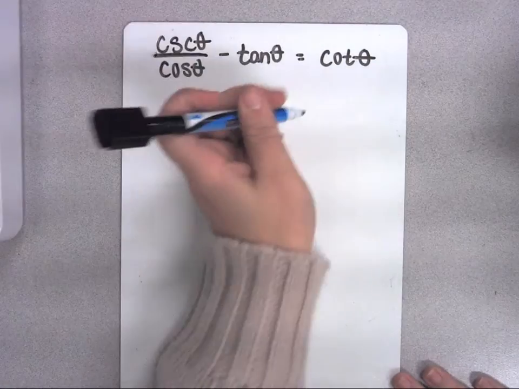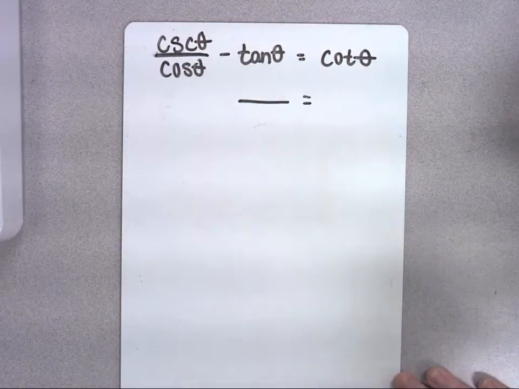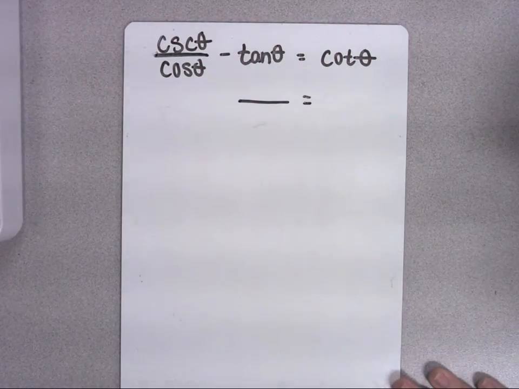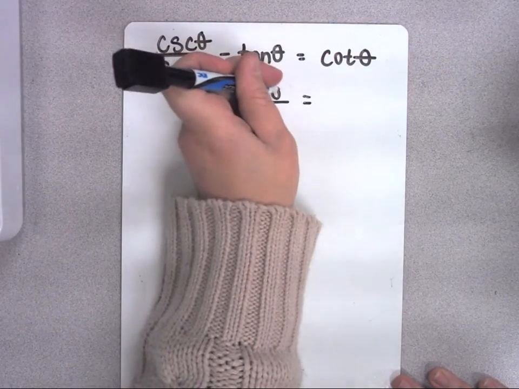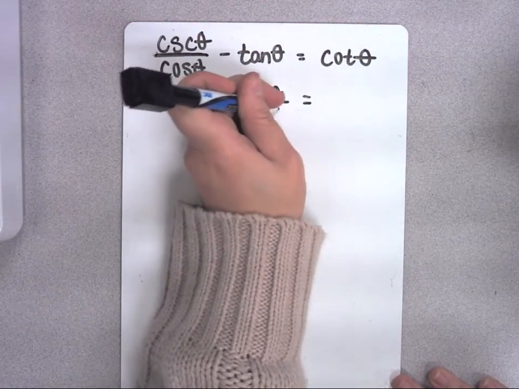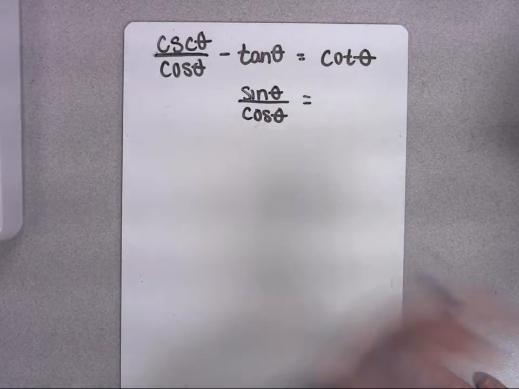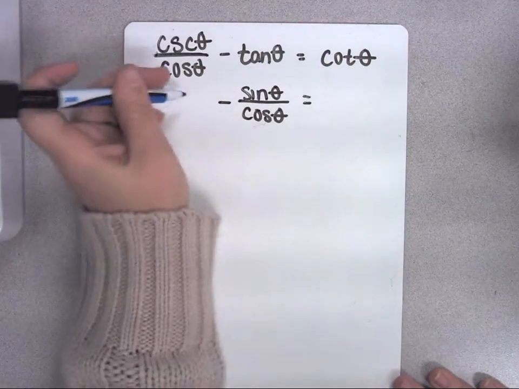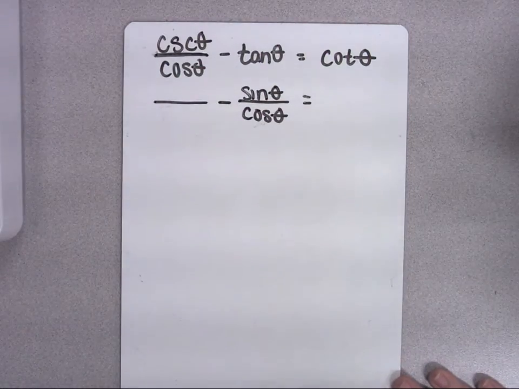So tangent, how do we rewrite that in sine and cosine form? Okay, that one's the easy one. That's why I asked you that one first. Now, this one looks a little scary, but we want to turn it into one fraction.